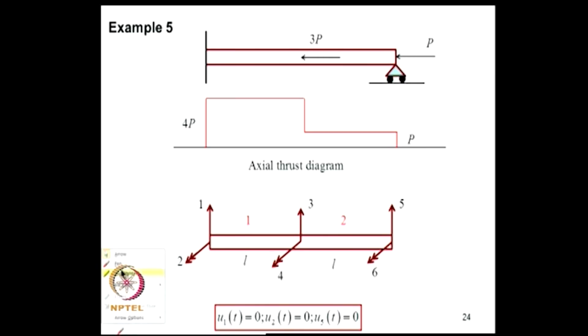For example, if this load was Q and this was P, then I will increase P to alpha P and Q to alpha Q. That means, as I increase the load, all the loads increase by the same factor. There could be transverse loads and other loads as well. I will find the value of alpha at which the critical condition is reached, and that value of alpha is known as the load factor.